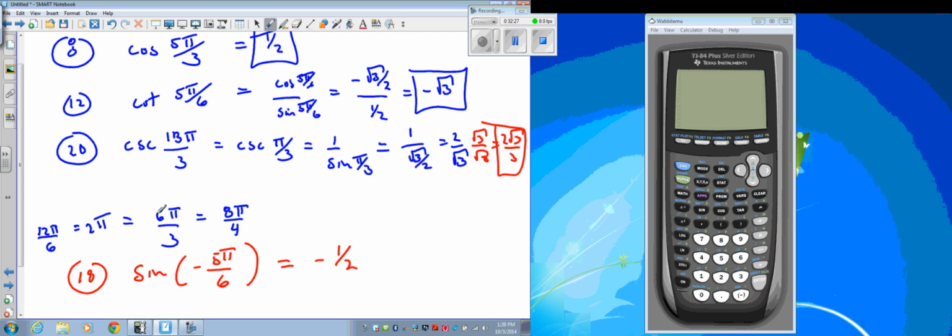So when you're trying to subtract out, it depends on what your denominator is. And your denominator is either going to be 6 or 4 or 3, or else it's going to be a 2, right? So what would you have if the denominator were 2 to get 2 pi? 4.